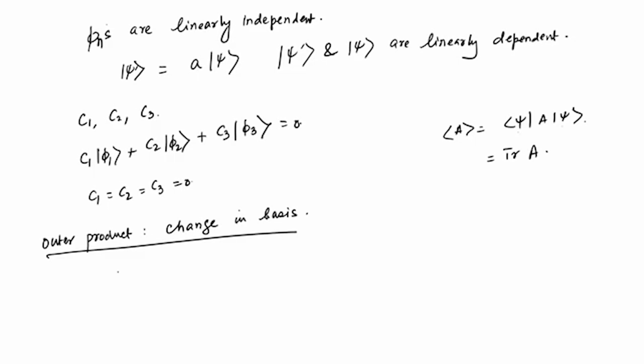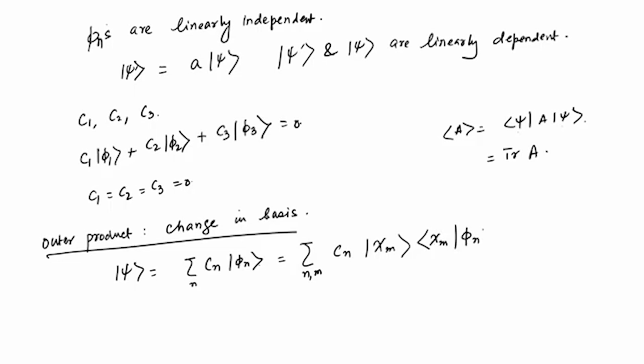Okay. So, we can write this down as the outer product, there is a C n and a phi n, which is what we have written, and we introduce now a different basis, which is n. So, that is like a C n and a chi m, a different basis, and then a phi n.